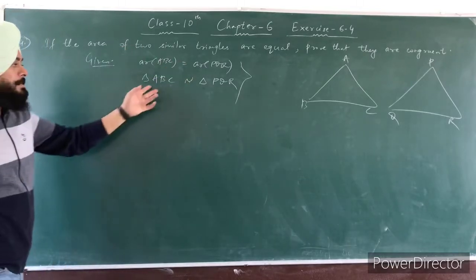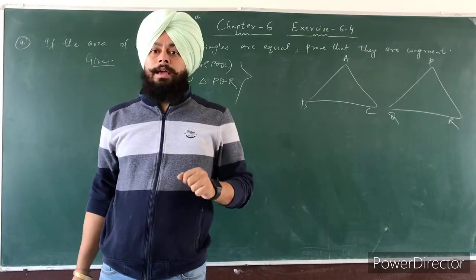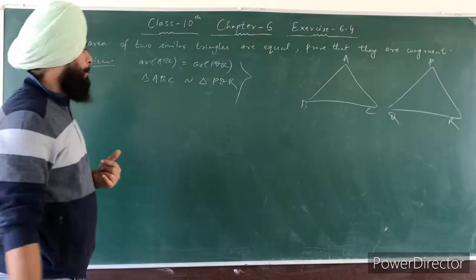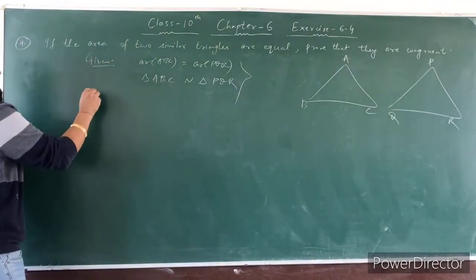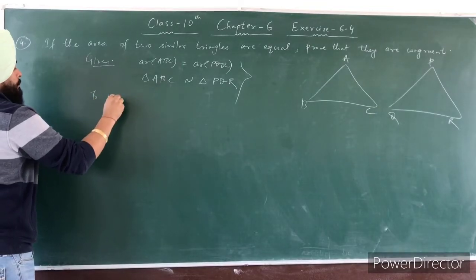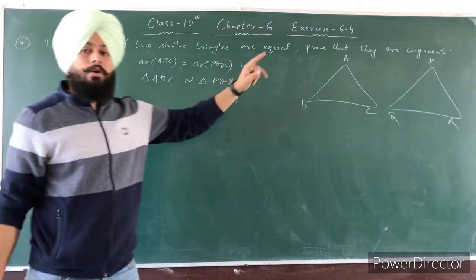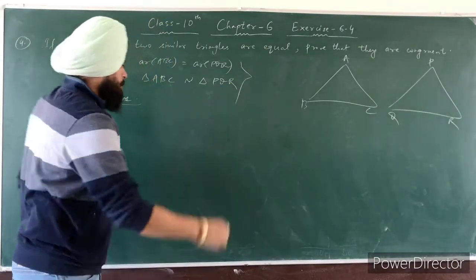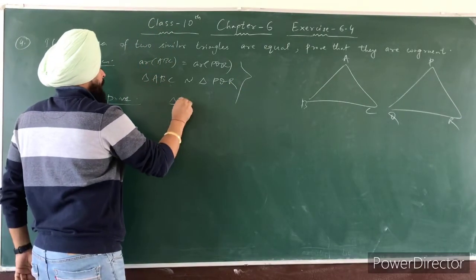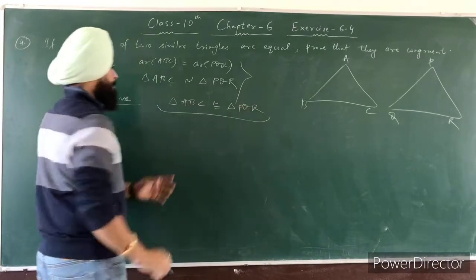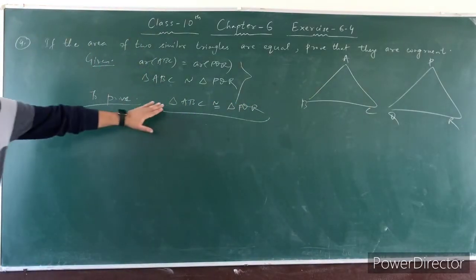So when two triangles are similar, then their corresponding angles are equal and corresponding sides are proportional. Now what we have to prove? We have to prove that the triangles are congruent also. So it means triangle ABC is congruent to triangle PQR. We have to prove this.